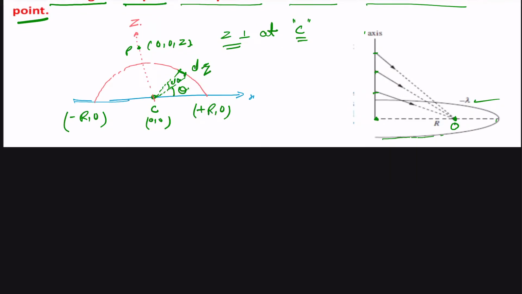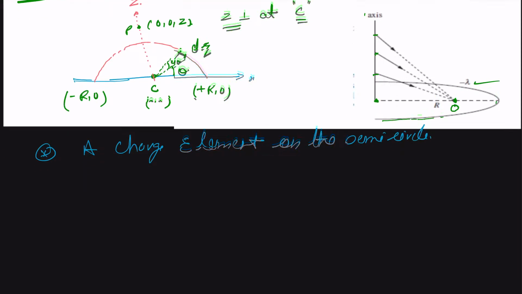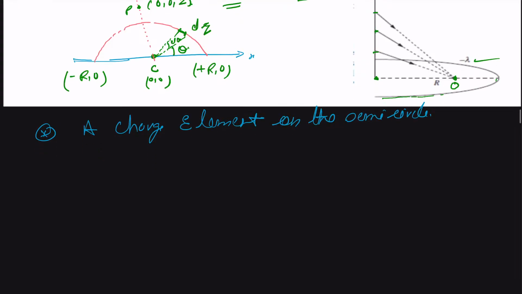So we can say a charge element on the semicircle, and this coordinate we can write as r cos theta, r sin theta, and 0.